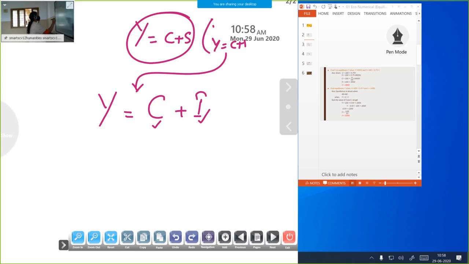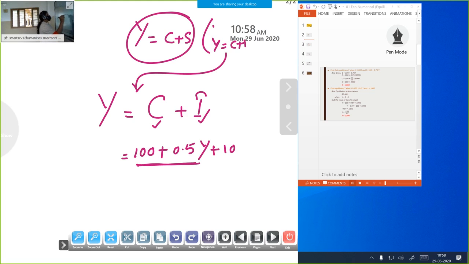So C is 100 plus 0.5 Y, right? And this much is C. We are substituting, then plus I. What is the investment value?